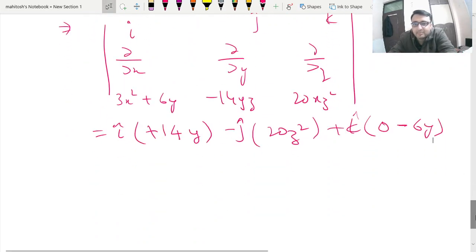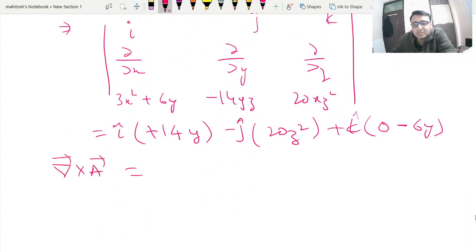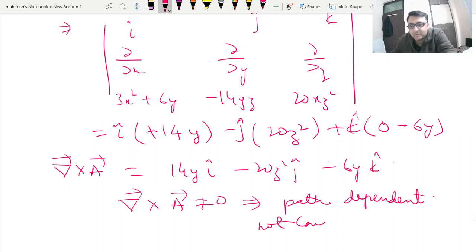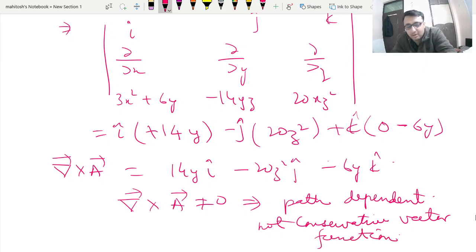So we can see that the curl of A doesn't come as 0. Hence we can say it is path dependent, not a conservative vector function, and hence the answers are different in all the different cases.